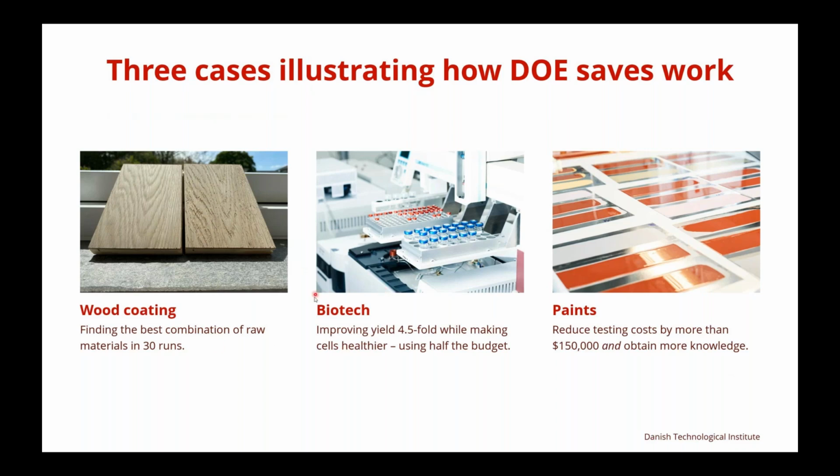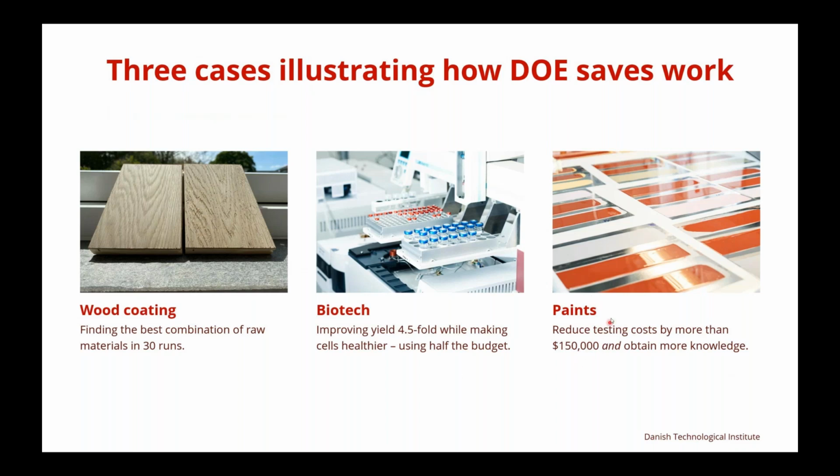Then we looked at this biotech example where we had 4 continuous factors, and they were looking to optimize the yield of a process. They were able to do that well within their budget and strike the right balance between the amount of work, the risk, and the need to explore the space and achieve better process outcomes.